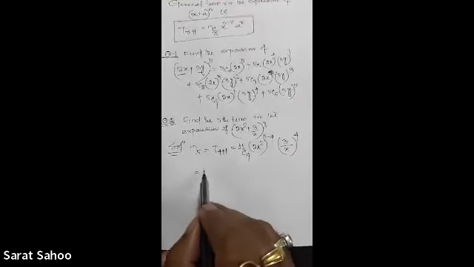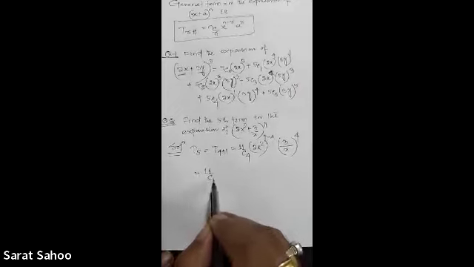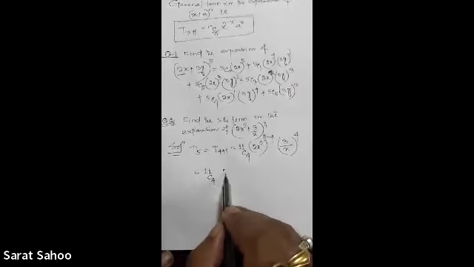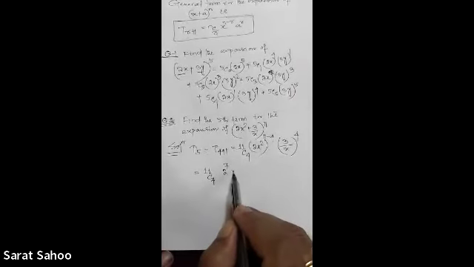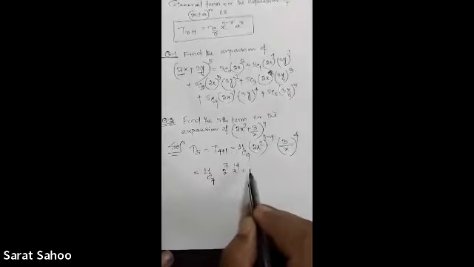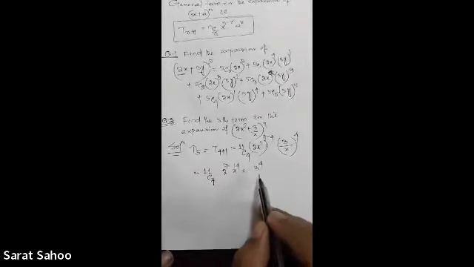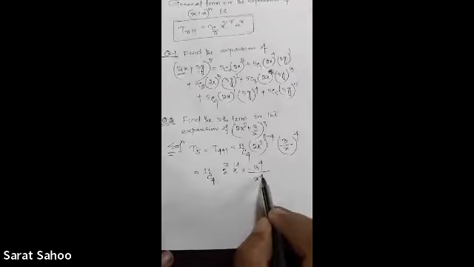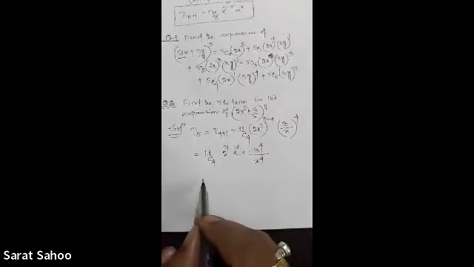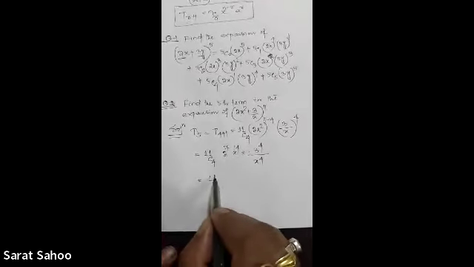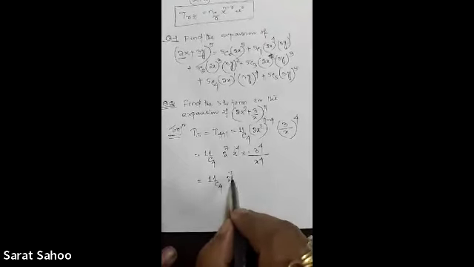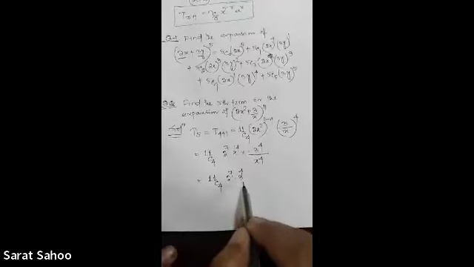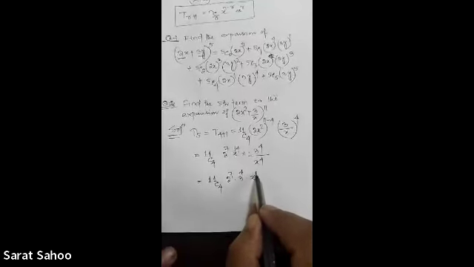This is equal to 11C4, 2 raised to the power 7, x square raised to the power 7 will be x to the power 14, into 3 raised to the power 4 upon x raised to the power 4. This is equal to 11C4, 2 to the power 7 into 3 to the power 4 into x to the power 10.